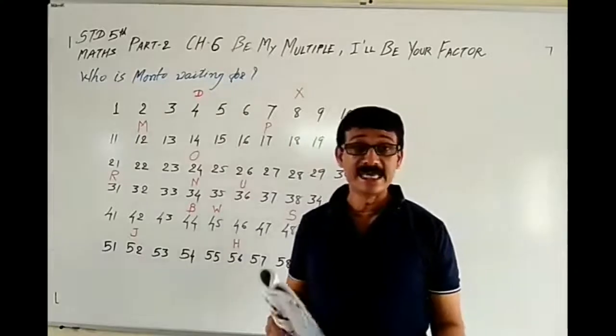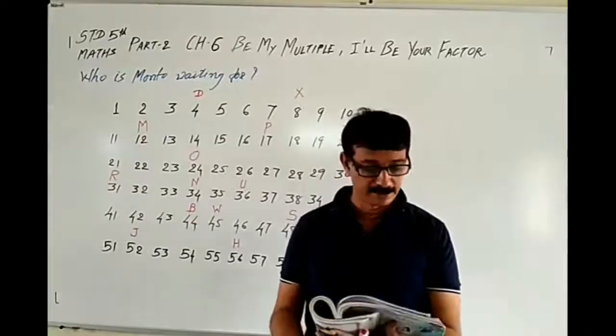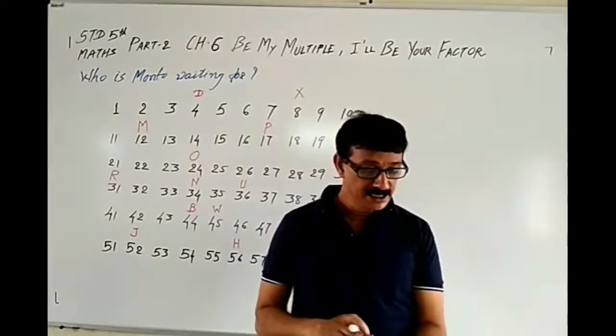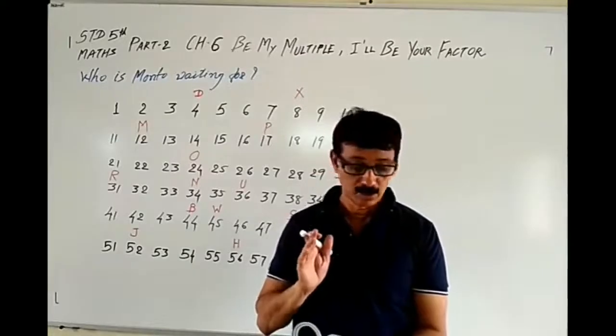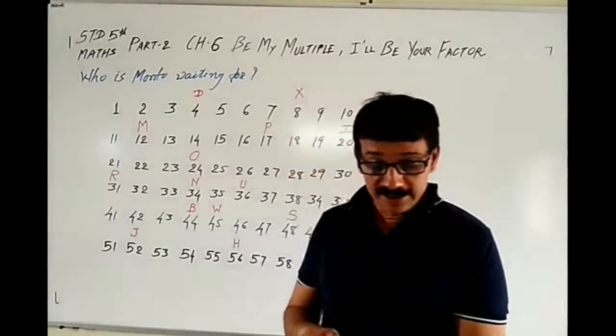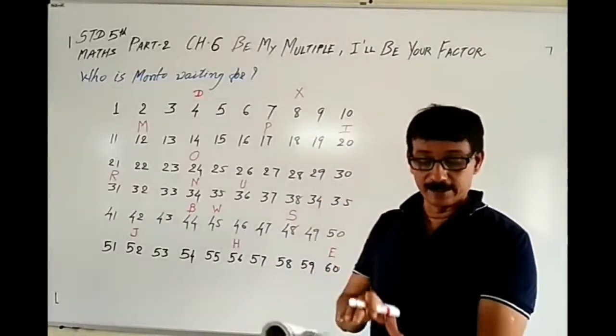You must be on page number 88. Monto the cat is waiting for somebody. Do you know for whom he is waiting? There is a trick to find out. So what is the trick?